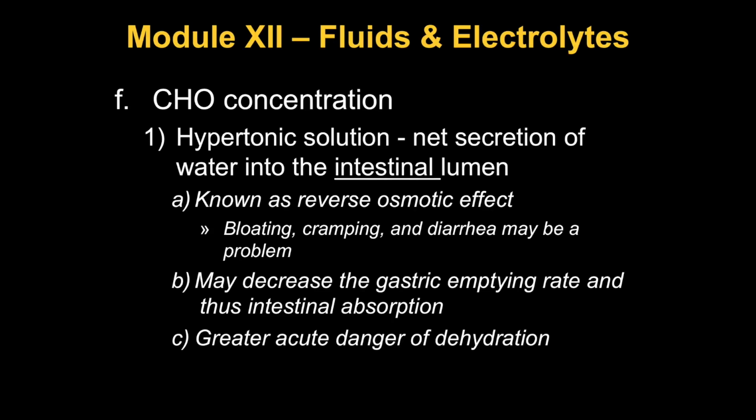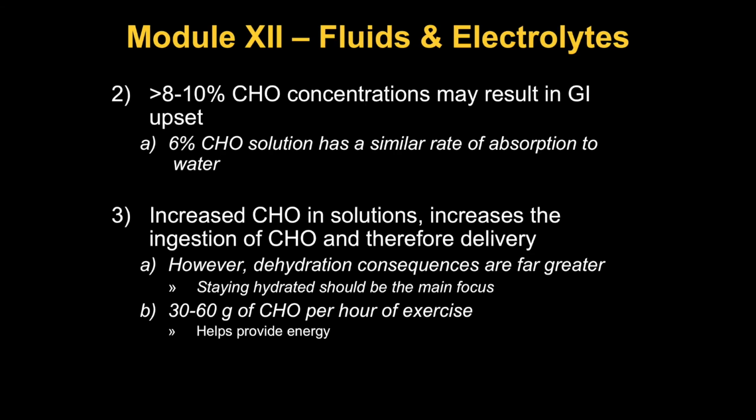And companies, manufacturers of sports drinks, spend millions of dollars a year trying to figure out ways to circumvent this very issue. So it seems that a solution greater than 8 to 10% carbohydrate concentration in a sports beverage is actually going to cause this GI upset.